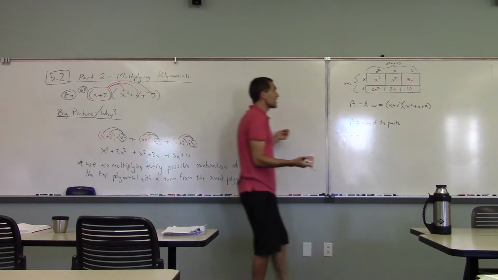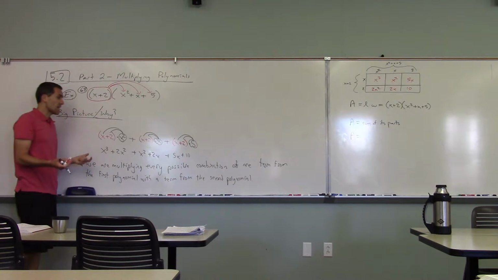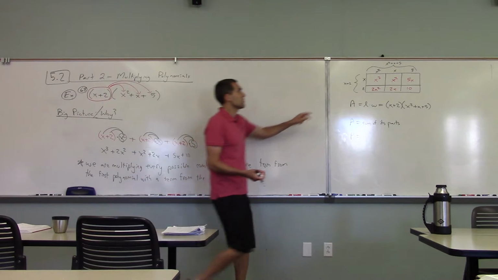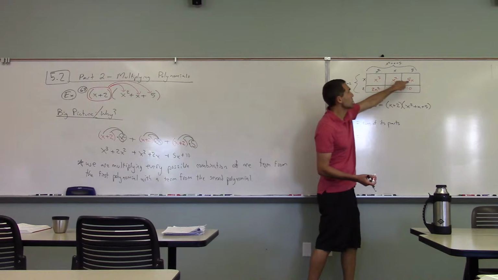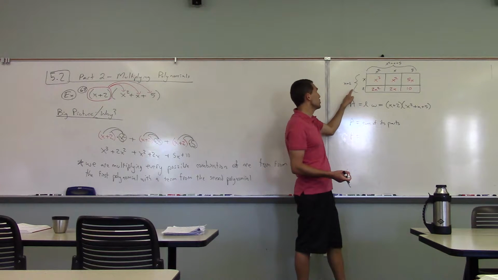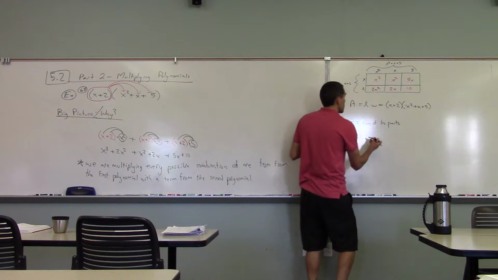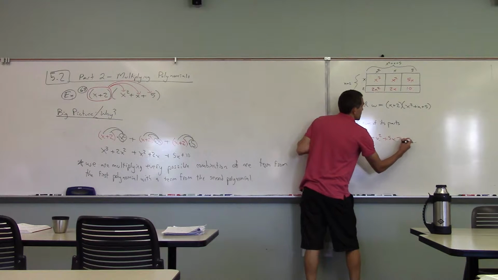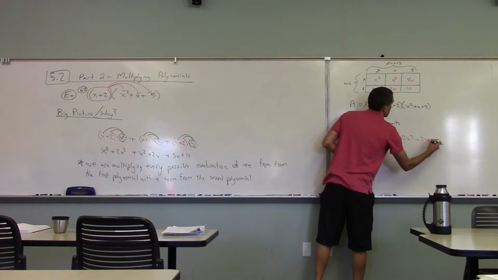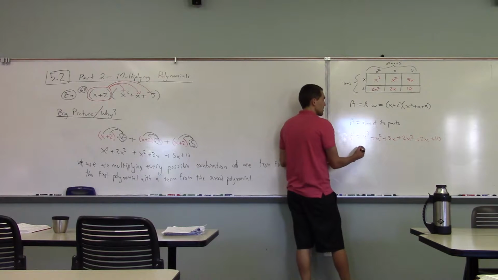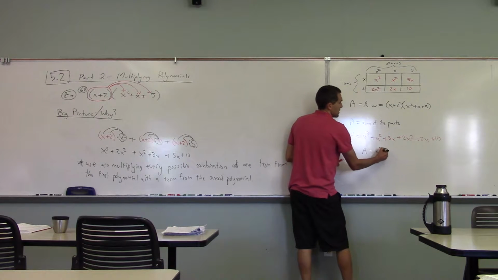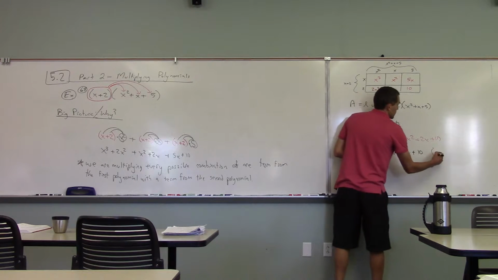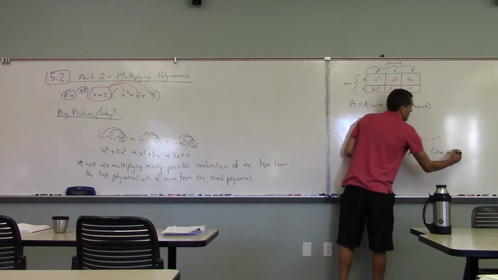And look at that, what the heck? What we did is we multiplied every possible combination and get this exact sum. So we combined x with every single thing from the other polynomial. We combined 2 with every single part of the other one, and we get x to the third plus x squared plus 5x plus 2x squared plus 2x plus 10, and then combine like terms, which is x to the third plus 3x squared plus 7x plus 10 after combining like terms.